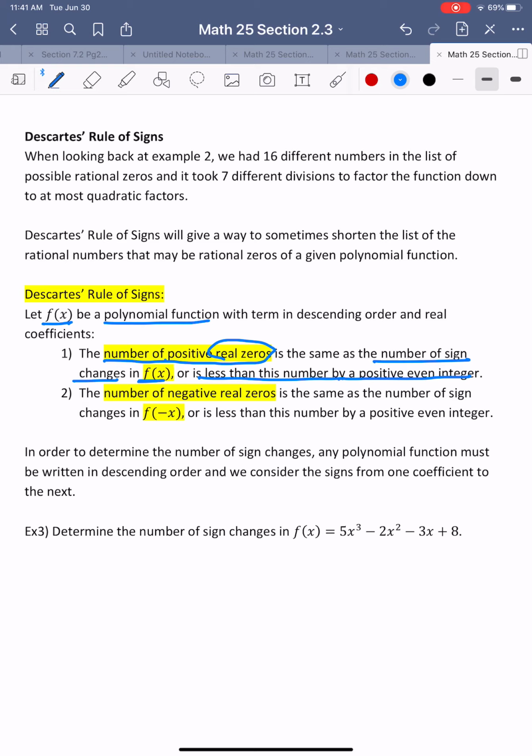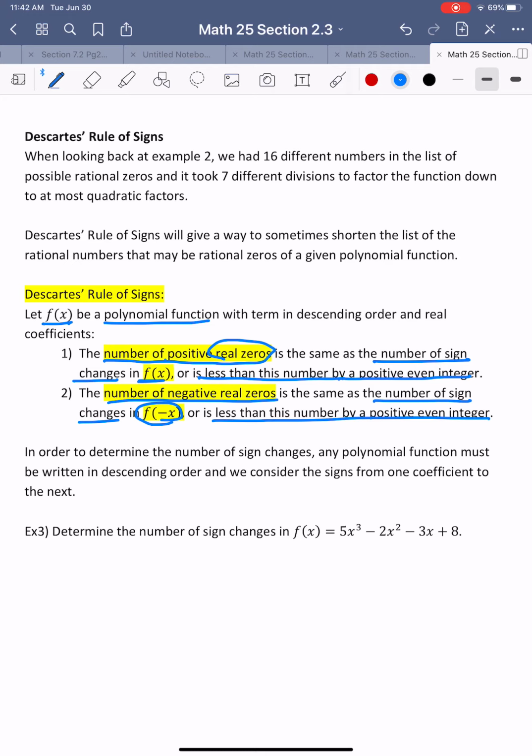And for the number of negative real zeros, we use f of negative x and count the sign changes, and it is again that number or less by a positive even integer. So in order to determine the number of sign changes, a polynomial function must be written in descending order, and we consider the signs from one coefficient to the next. Determine the number of sign changes in f of x.